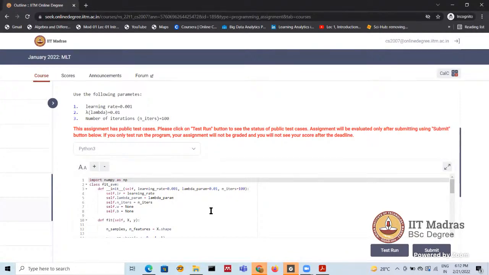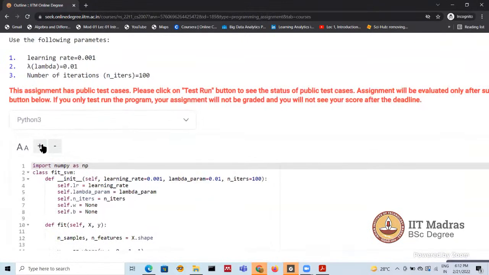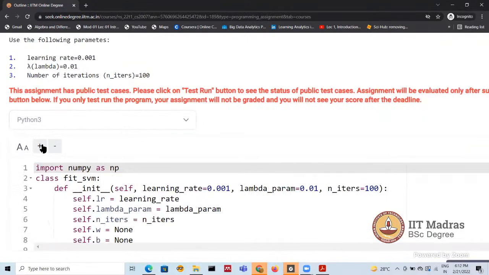So you can fit that code for solving this assignment, or you can also use this code. Can you zoom in a bit on the code, so that they can see it?